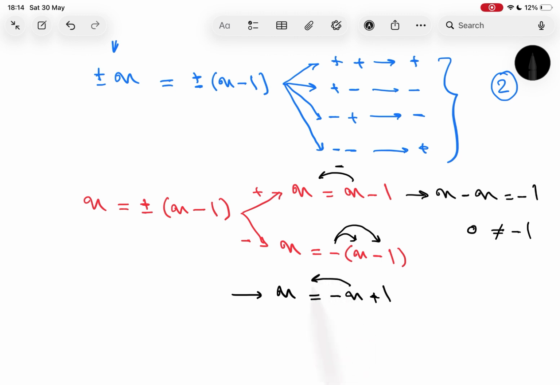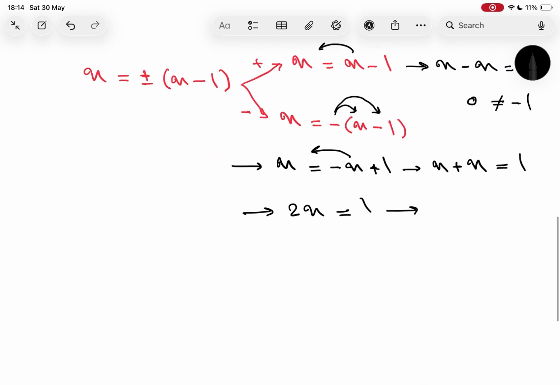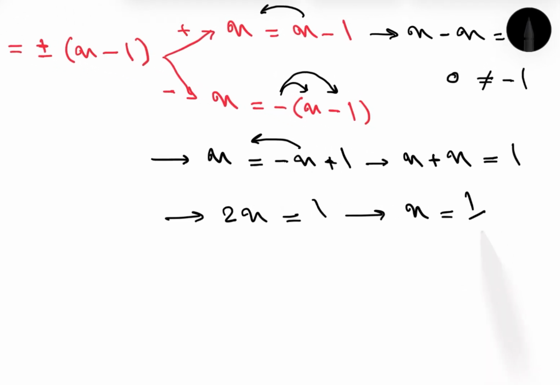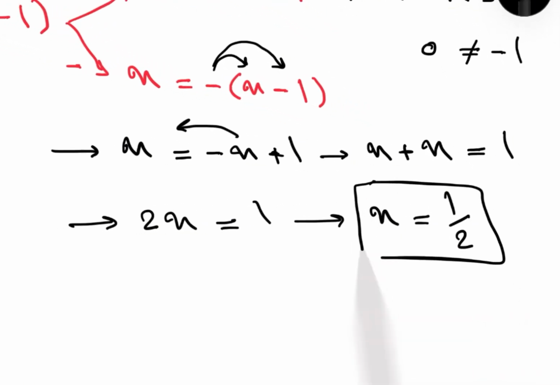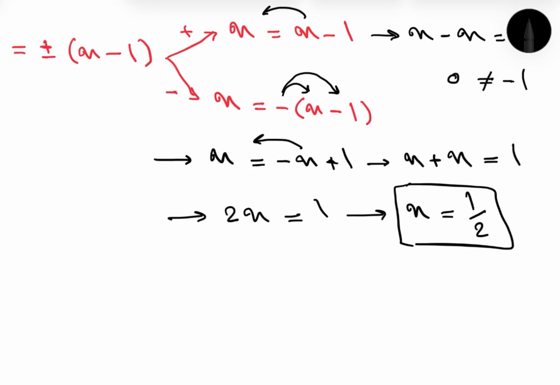Now, we move negative x to the left side of the equation considering its sign changes. So, we have x plus x equals 1. Therefore, 2x equals 1. If we divide both sides by 2, we will have x equals 1 over 2. So, the answer we found is x equals 1/2.